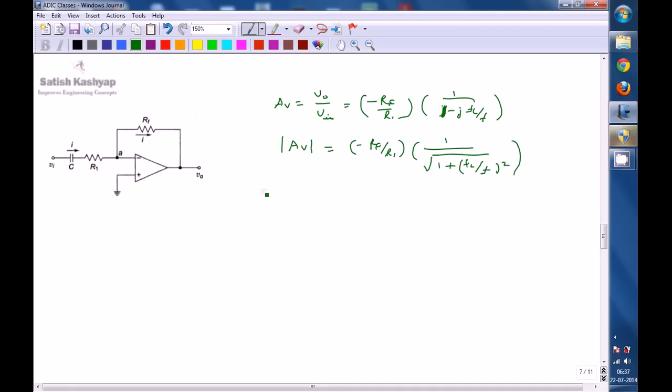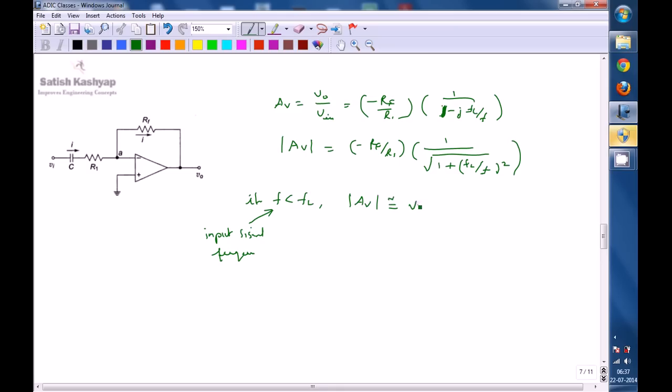So from this, if f is less than fL, remember f is the input signal frequency. If your input signal frequency is lower than the lower cutoff frequency, the gain AV is minus Rf by R1 into 1 by square root of fL by f whole square, which is very large. So 1 by very large, you can think of it as 0, very small.